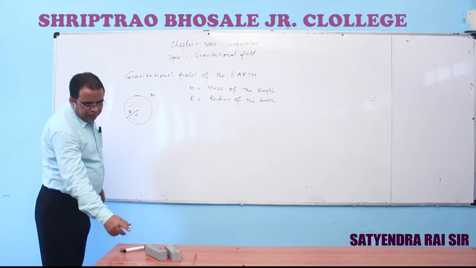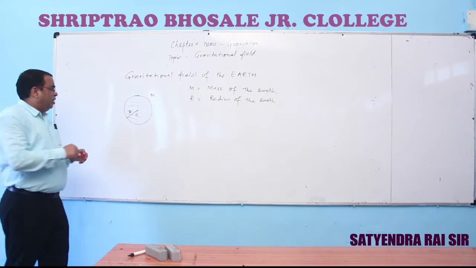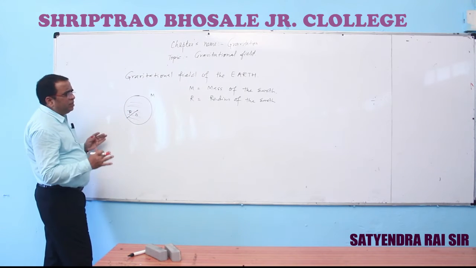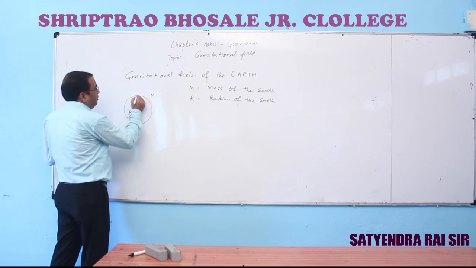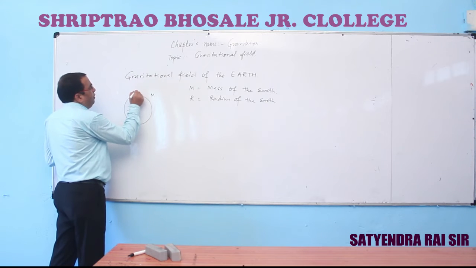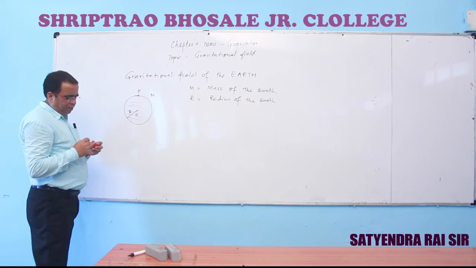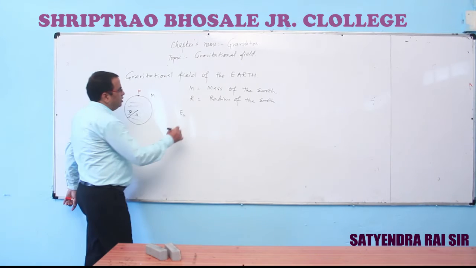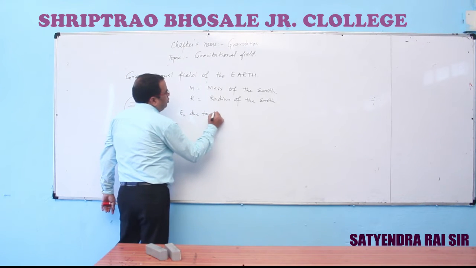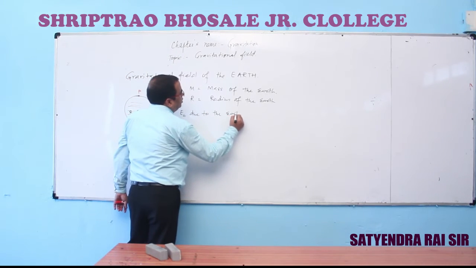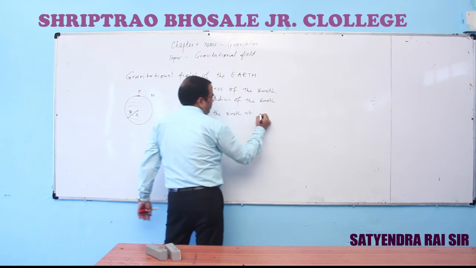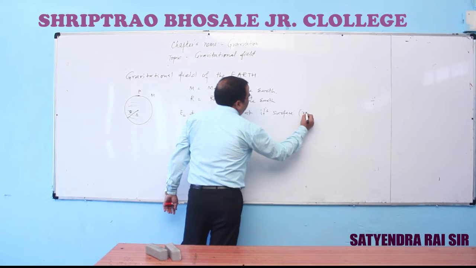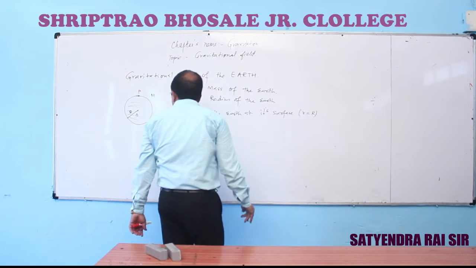And here are the points. Let us take the points. We have just learned that the gravitational field due to a sphere is maximum at its surface. Let us see a point P over here. At P, Eg due to the Earth at its surface, that is the r equals capital R case, right?